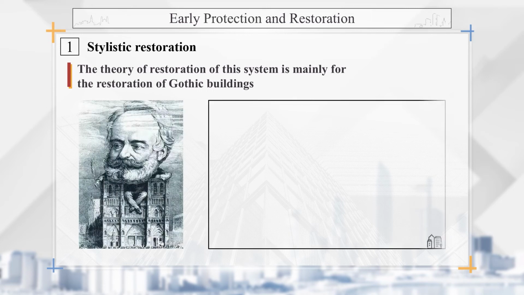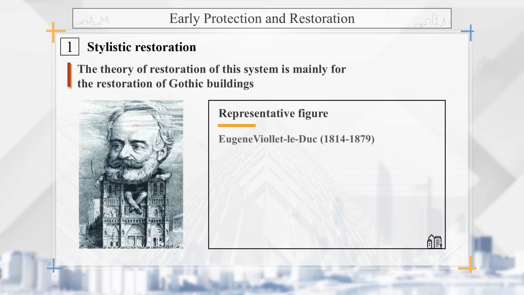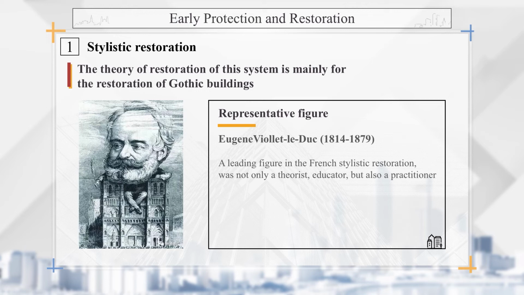A leading figure in the French stylistic restoration, Eugène Viollet-le-Duc, 1814 to 1879, was not only a theorist and educator, but also a practitioner. He led many far-reaching projects, such as Amiens Cathedral, Laon Cathedral, Notre Dame de Paris, and so on. The theory of restoration of this system is mainly for the restoration of Gothic buildings.